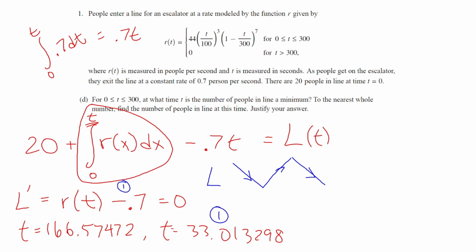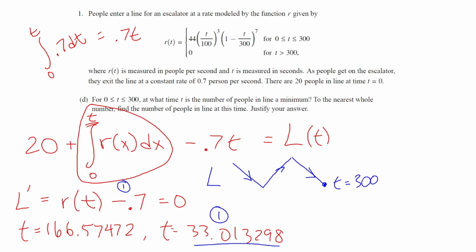And so the only possible places where we could have a minimum would be at t equals 33.013298, or at t equals 300. And we already know that at t equals 300, we had 80 people in the line. We already figured that out.